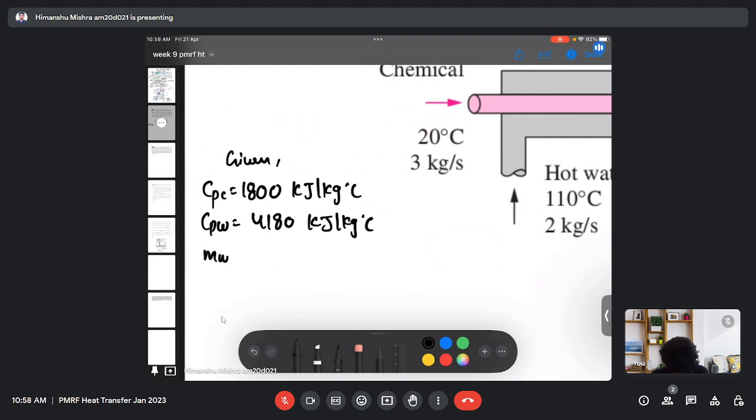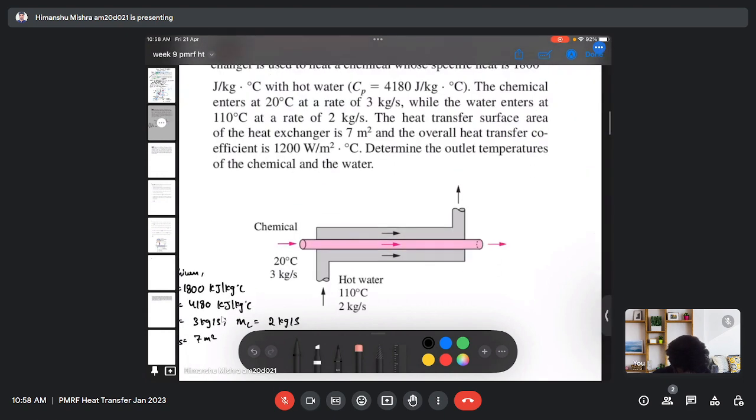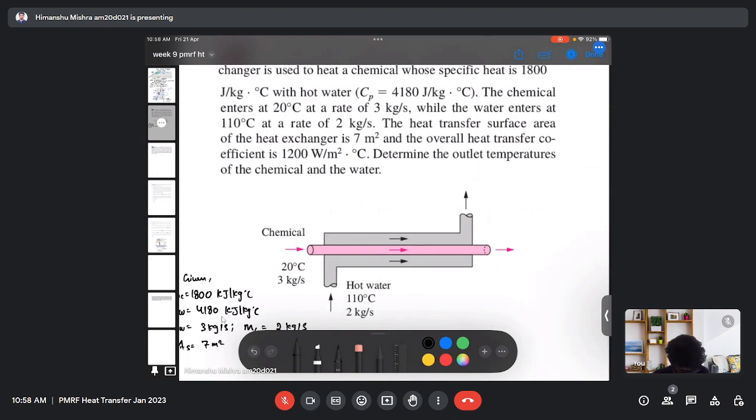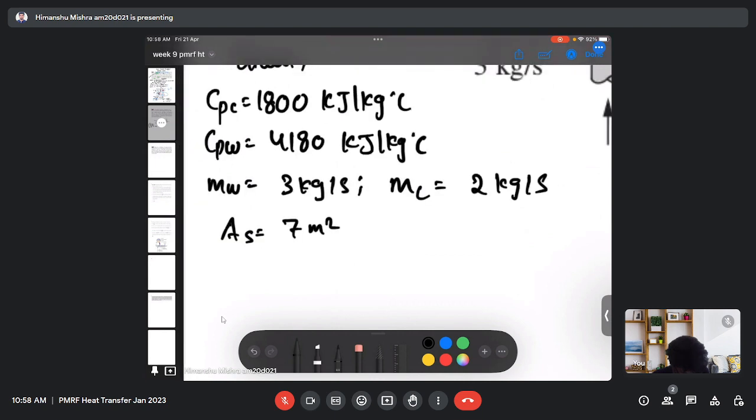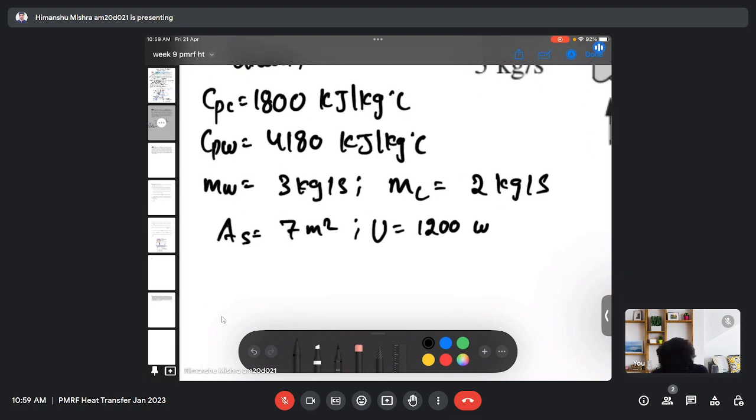The mass flow rate of water is 3 kg per second, and mass flow rate of chemical is 2 kg per second. And we have given the surface area, which is 7 meters square, and overall heat transfer coefficient is 1200 watt per meter square Celsius.